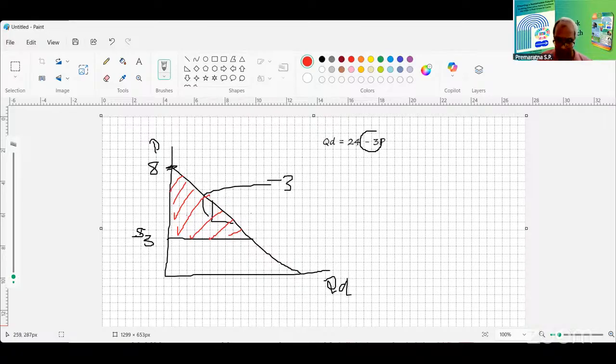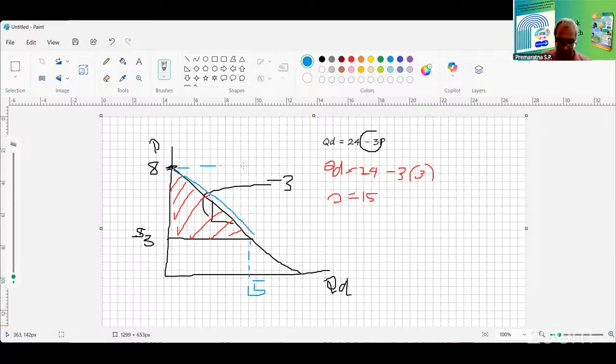If the market price is $3, the demand becomes QD equals 24 minus 3 multiplied by 3, which is 9. 24 minus 9 is 15 demand. So you get here 15.